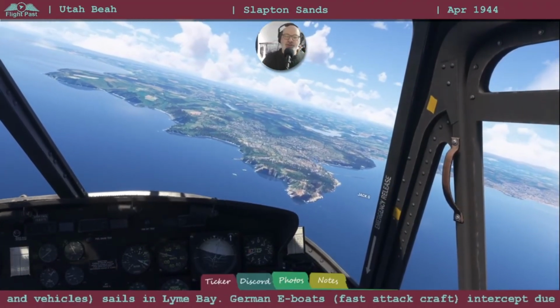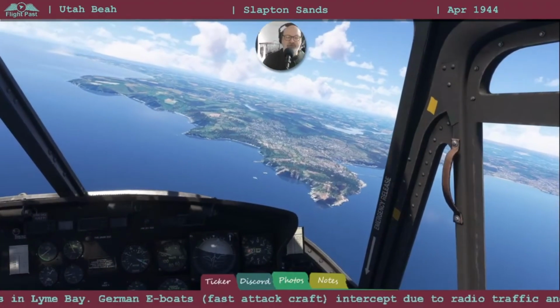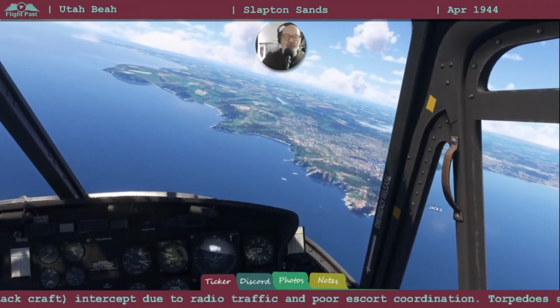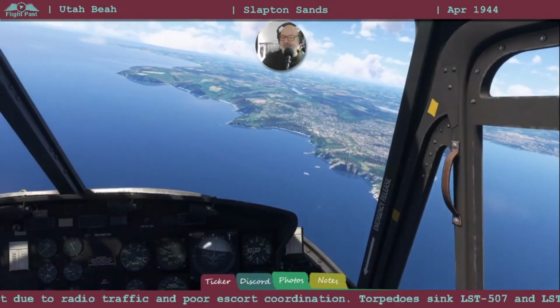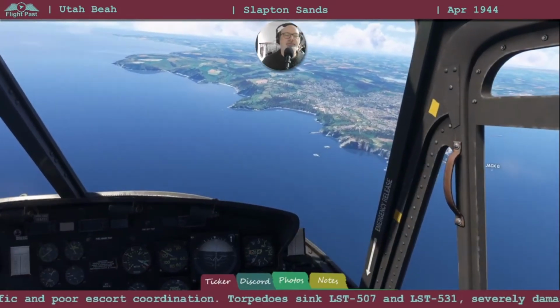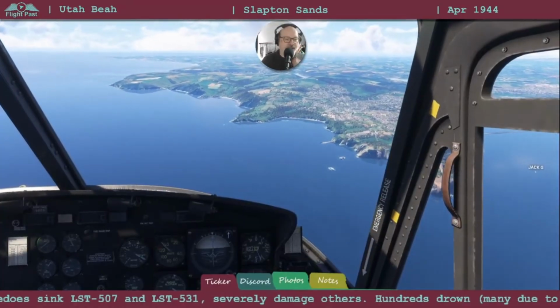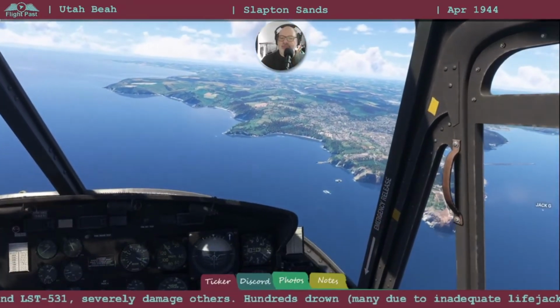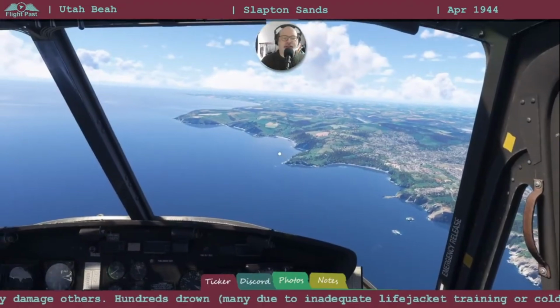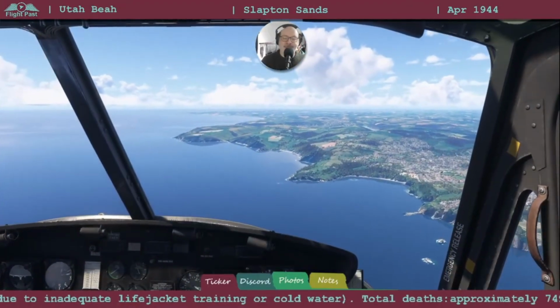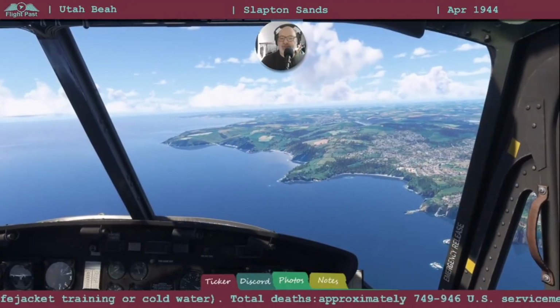which was intending to fire on the E-boats, but the E-boat went between them, and 18 US Army and Navy personnel were injured in that exchange. And then LST 531 sank.